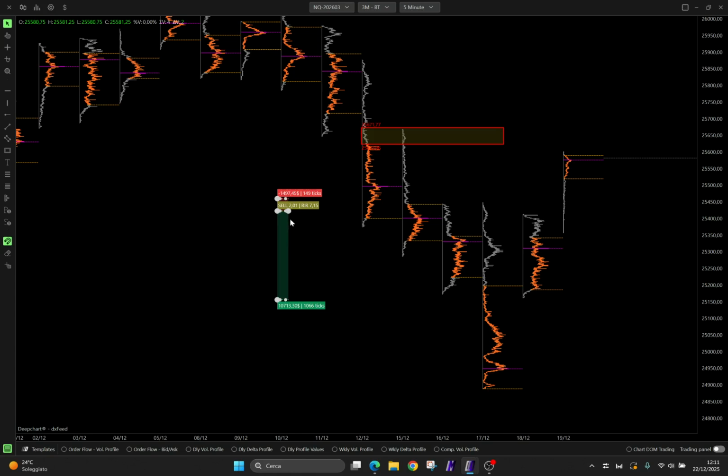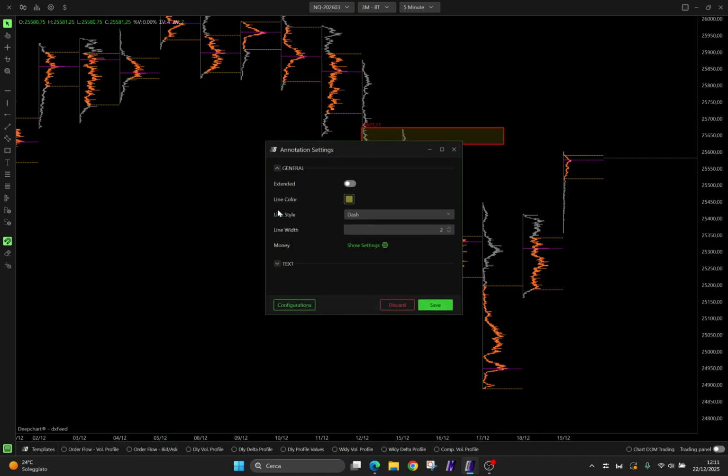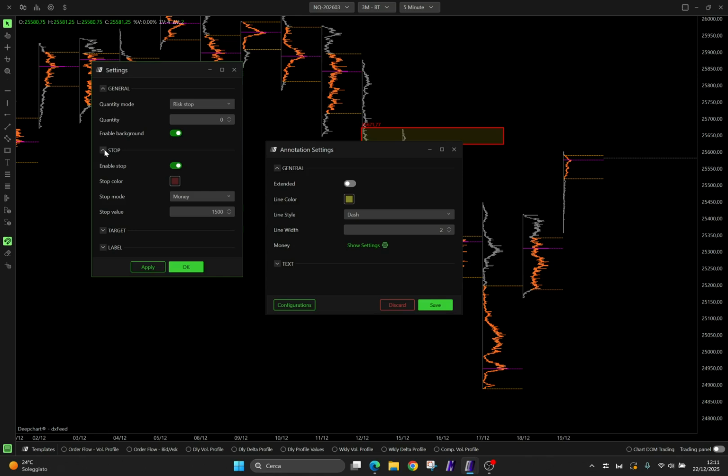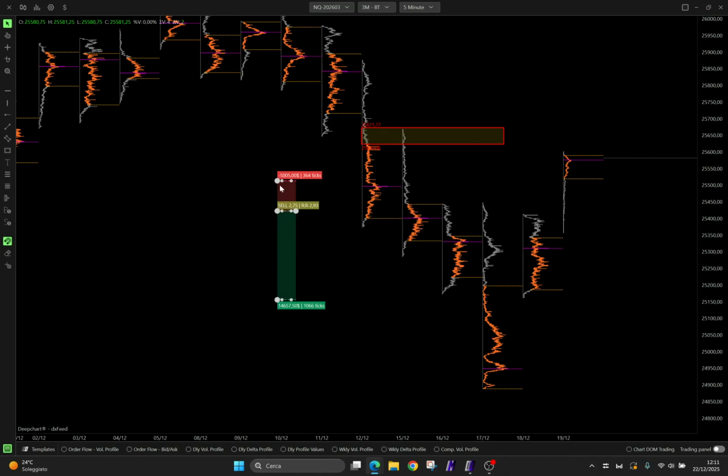If you want to enter and have a bigger stop loss, you cannot even risk 1, you see? If you raise the risk per trade, and if you go on stop value 5,000 and save, it tells you, you see, if you want to put this stop, 1.762.